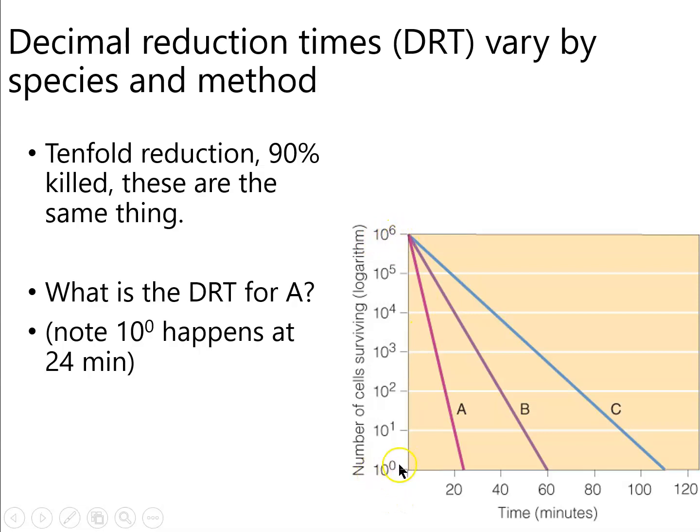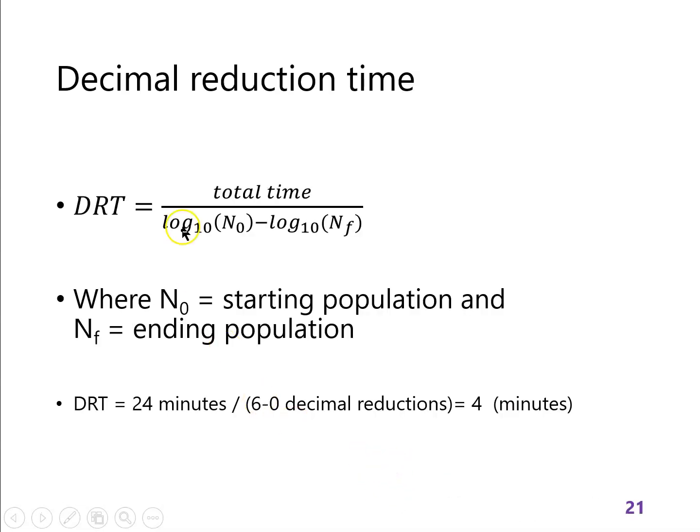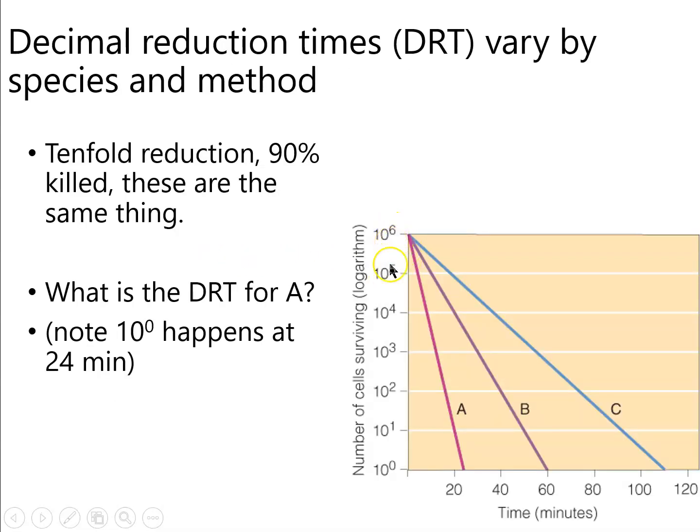The logarithm of this number is 0. So it would be 6 minus 0. And that is essentially what I did when I was calculating it. And that's the beauty of using these exponents like this. You can just use them as numbers when you're talking about something like decimal reduction time or exponential growth.